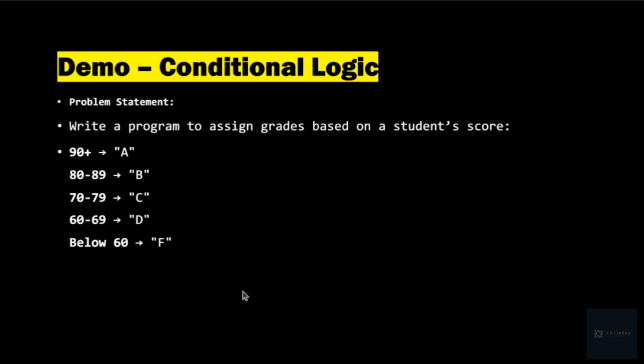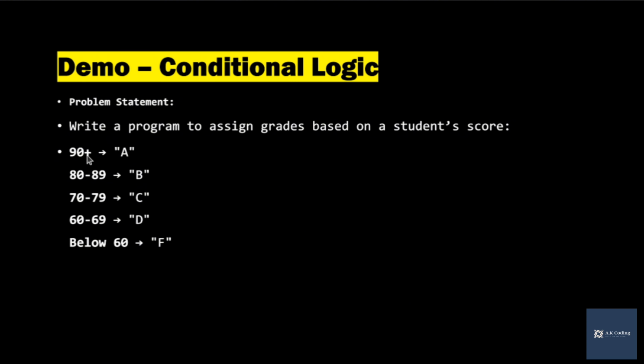So here, as you can see, we have a demo of conditional logic, and this is a simple mathematical kind of problem set, and we're going to do it together. Write a program to assign grades based on a student's score. Regarding the student score, you have to give the result or output.